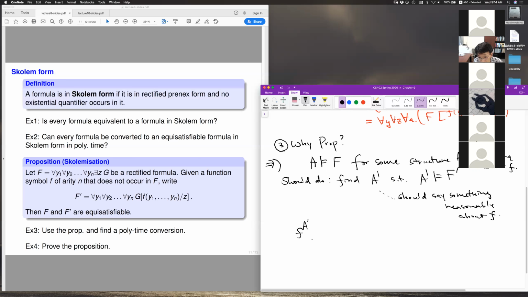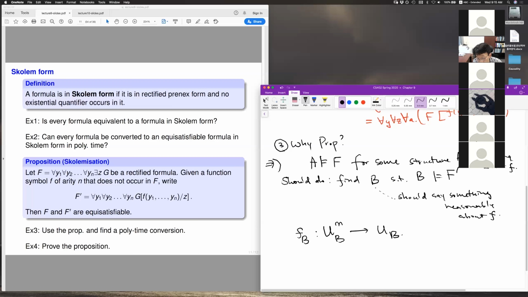So we have to say how this symbol small f will be interpreted under A prime. Maybe it's a subscript, so let's use B instead of A prime. This should be a mapping from U_B, now with n parameters, to U_B.